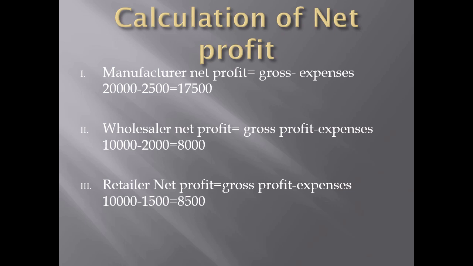Now the retailer's net profit is equal to gross profit less expenses. The gross profit of the retailer is 10,000 naira, and the expenses is 1,500 naira. So 10,000 naira less 1,500 naira will give us 8,500 naira, and that is the net profit of the retailer.